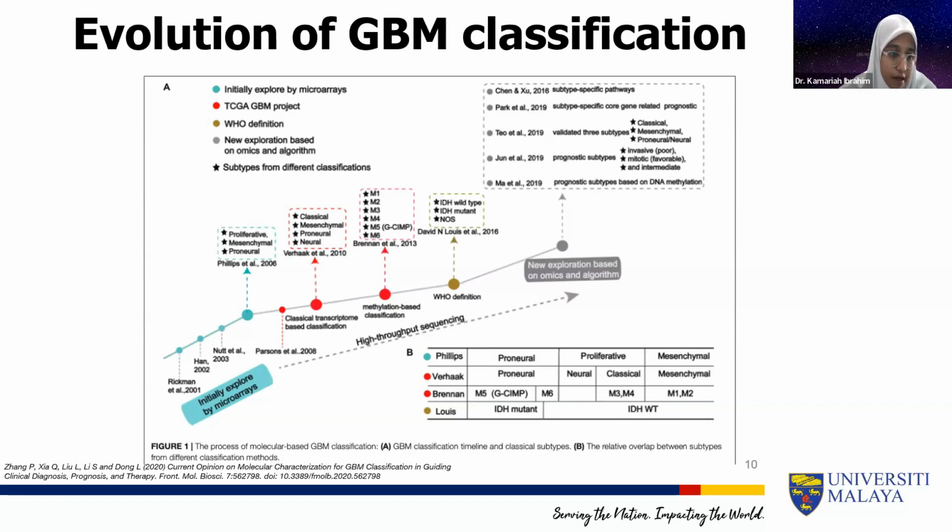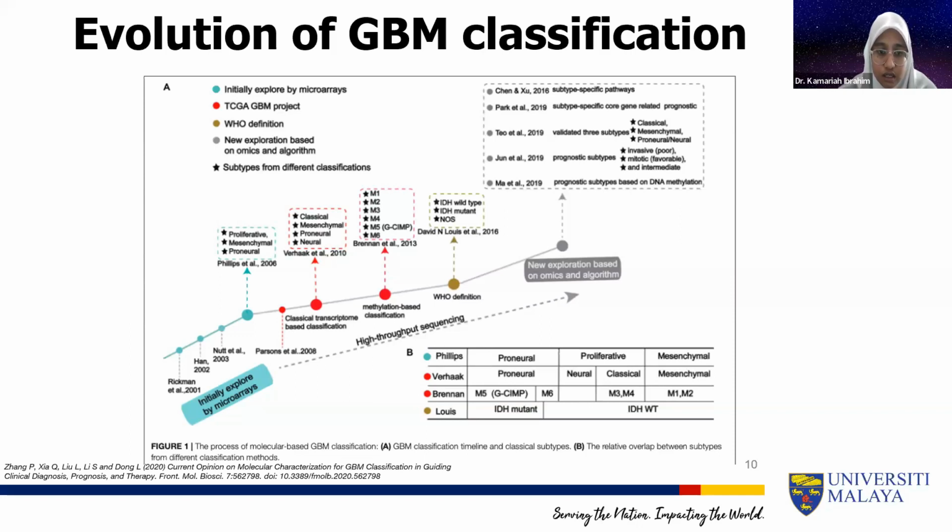Before that, 2 years earlier, Phillips tried to classify based on proliferative, mesenchymal and neural activity, followed by Brennan and Verhaak in 2010, and Brennan in 2013, who looked at methylation-based classification.